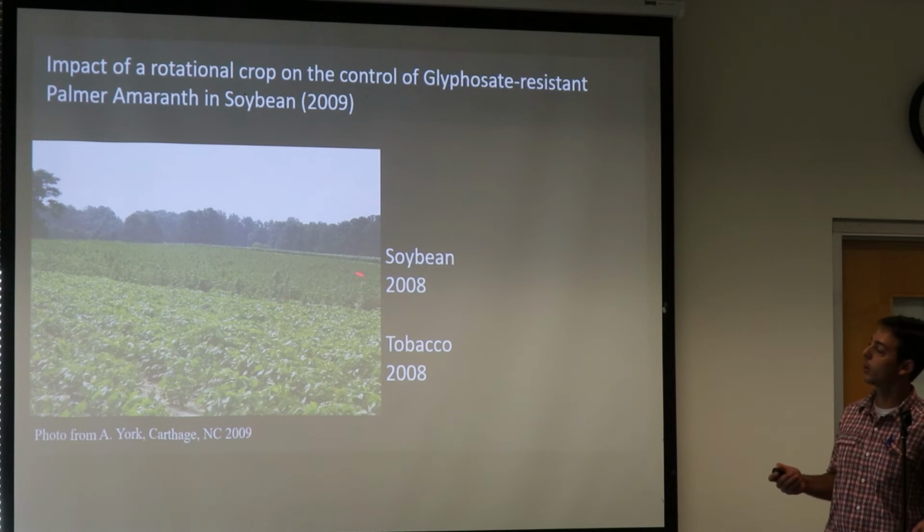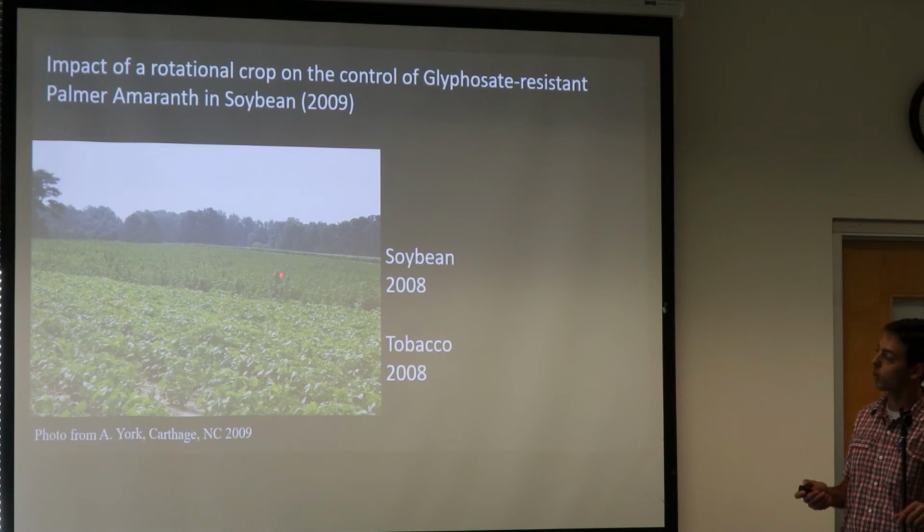One example here that I have for you is from North Carolina, soybean. These two fields were soybean in 2009. But one year before, the field on the top was soybean, so no crop rotation, and one year before, this part of the field was tobacco. For the field that had soybeans two years in a row, you cannot even see the soybean here. It's completely taken over by glyphosate-resistant Palmer pigweed.